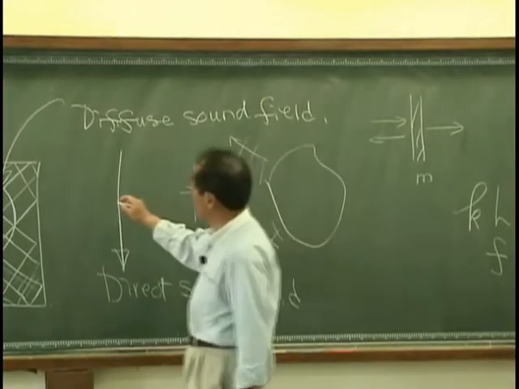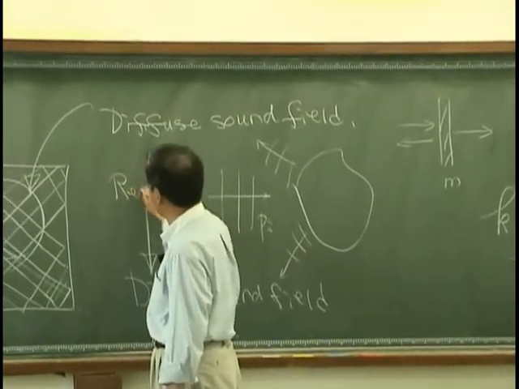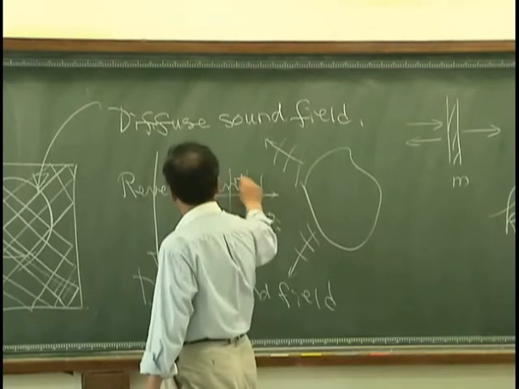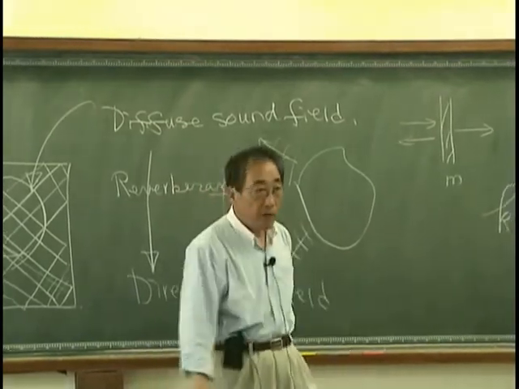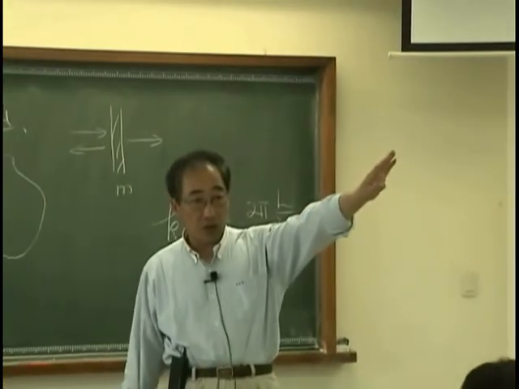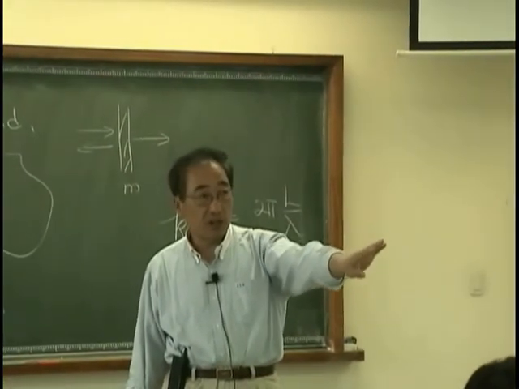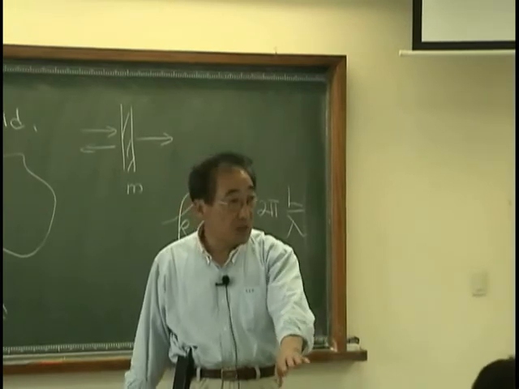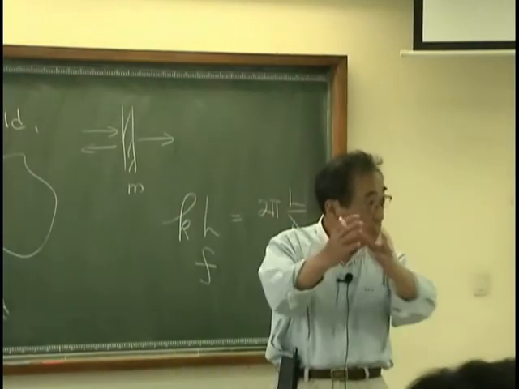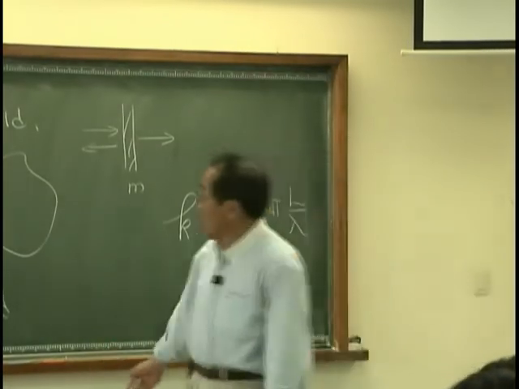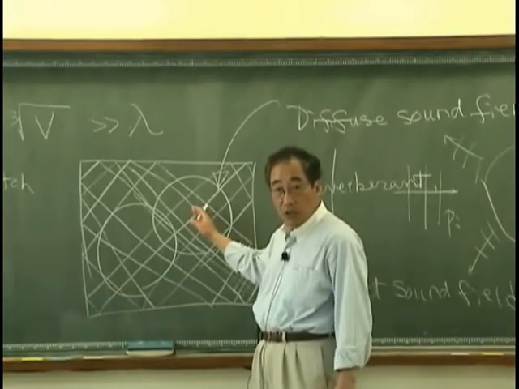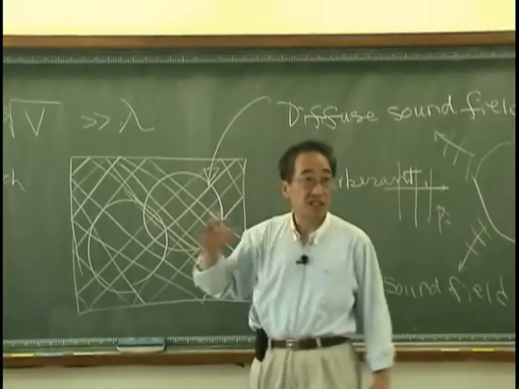In between, we call it reverberant. So in direct sound field, the sound pressure will decrease by 6 dB per doubling of the distance, right? Because it spreads out. In diffuse sound field, sound pressure is constant.